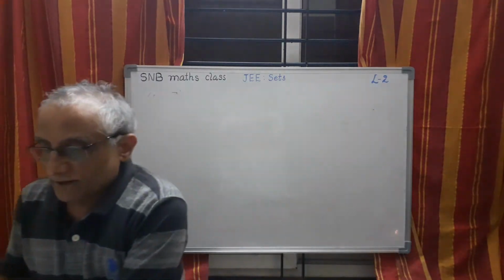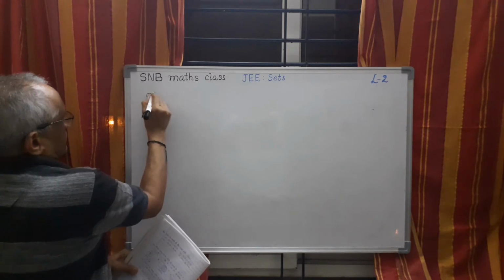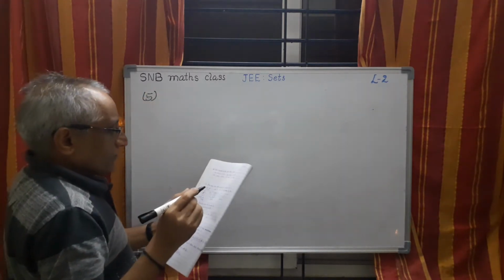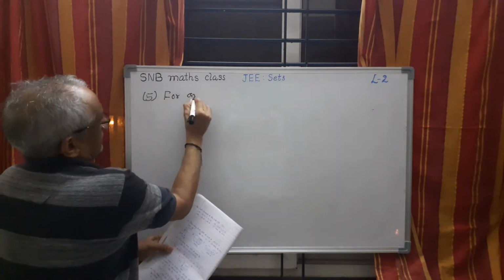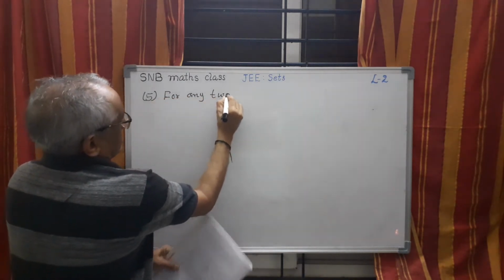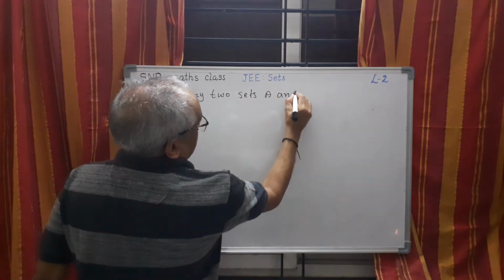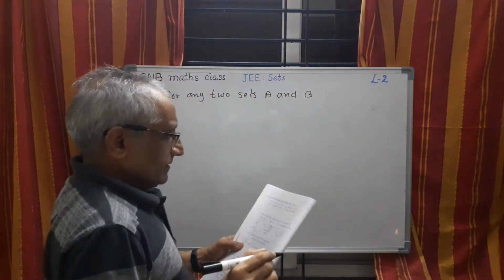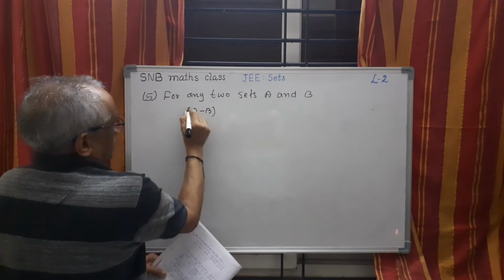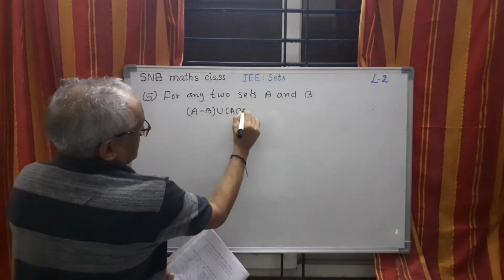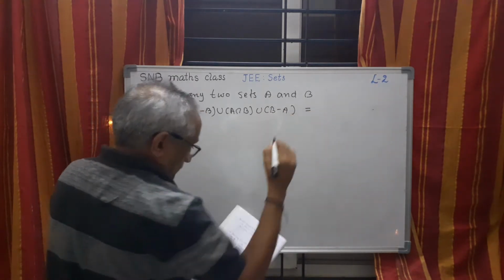Next question. Question number 5. For any two sets A and B, A difference B or A minus B, union A intersection B, union B minus A equal to?